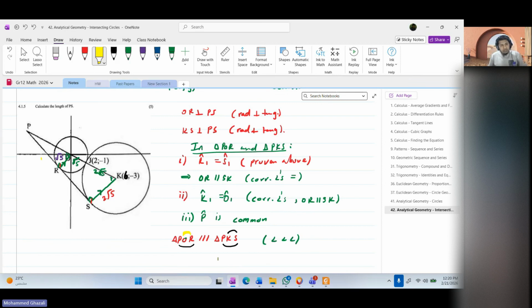We got 2 root 5. If I can get the distance P to K, then I'm sorted. In other words, I need the coordinates of P. Similarity is just getting me stuck. We have OR. We need PR.